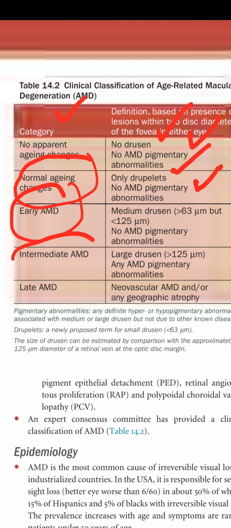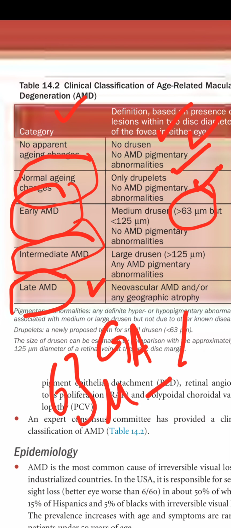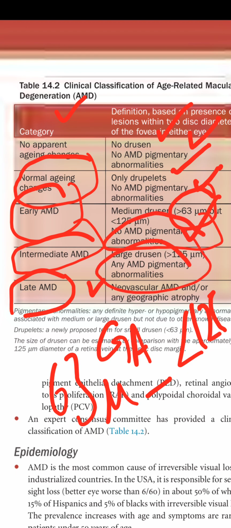Then there is early AMD, intermediate AMD, and late AMD. The late AMD consists of neovascular AMD or geographic atrophy. The early AMD consists of medium drusen, which are about 63 micrometers to but less than 125 micrometers, and there are no pigmentary abnormalities. In intermediate AMD, there are large drusen and any AMD pigmentary abnormality.